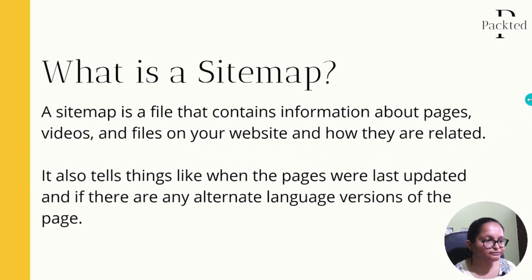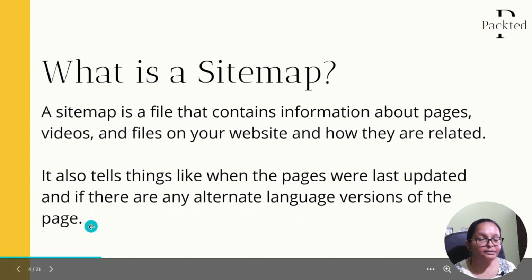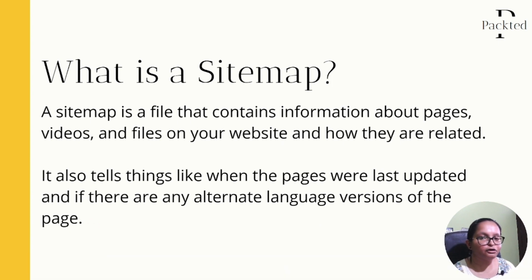A sitemap is a file that contains information about pages, videos, and files on your website and how they are related. It also tells things like when the pages were last updated and if there are any alternate language versions of the page. This means that a sitemap is a file and it includes all of the information about how many pages you have on your website and what kind of pages you have.